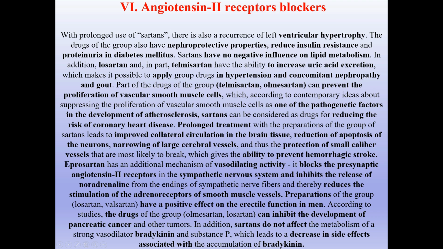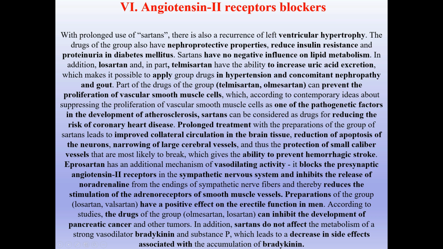Part of the drugs of this group, for example telmisartan and olmesartan, can prevent the proliferation of vascular smooth muscle cells. According to contemporary ideas, proliferation of vascular smooth muscle cells is one of the pathogenetic factors in the development of atherosclerosis, so sartans can be considered as drugs for reducing the risk of coronary heart disease.